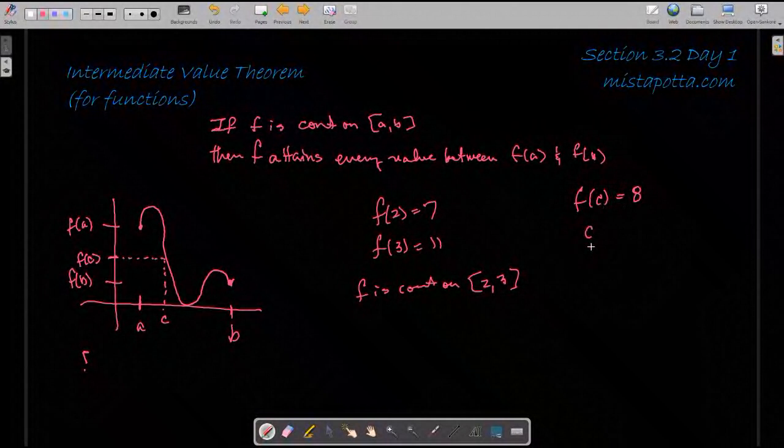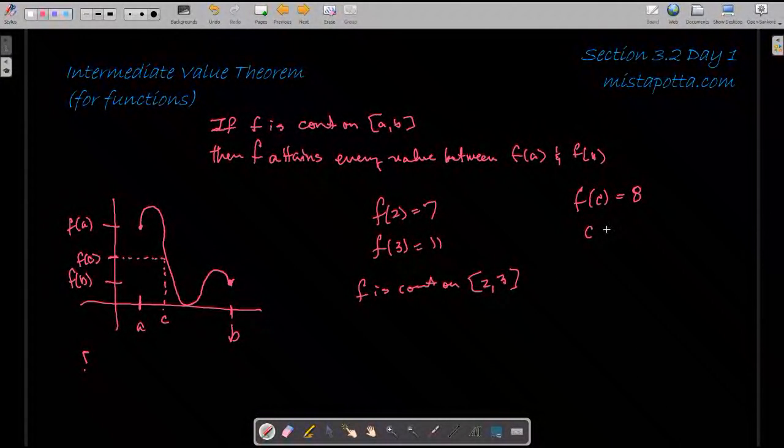I know that I can find c, and I know that c has to be on this interval from 2 to 3.